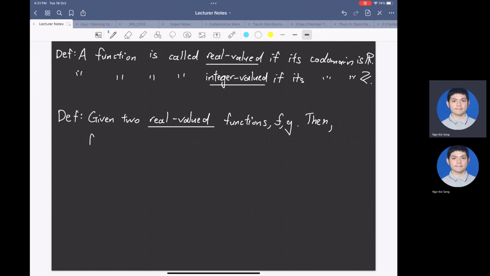So you can either add them or multiply them. So first you need to think how to define them, right? So how to define them?